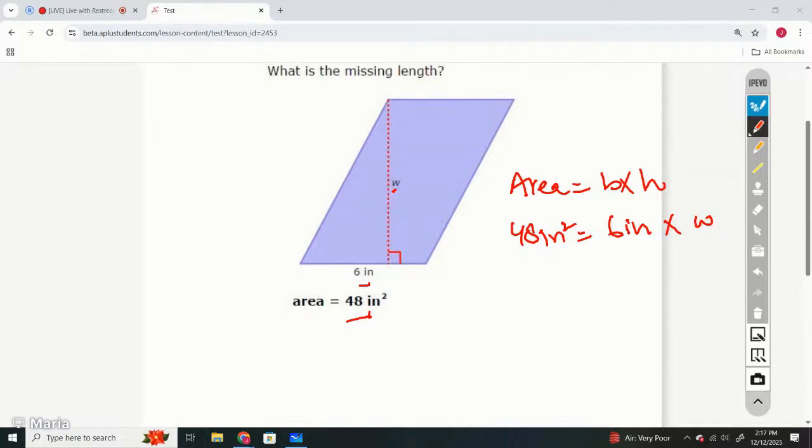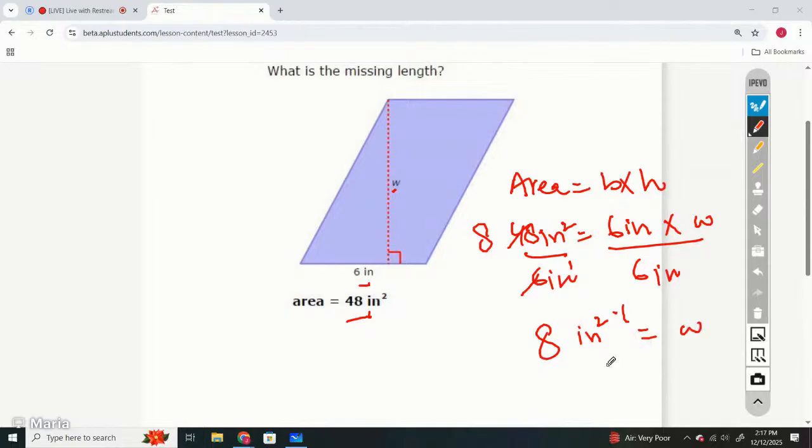So 6 is multiplying the width, right? We need to calculate the value of W only, so divide both sides by 6 inches, right? 6 times 1 is 6, 6 times 8 is 48, and here we have inches square and here we have inches. We need to subtract their exponents to find the unit of the answer. So that would be 8.